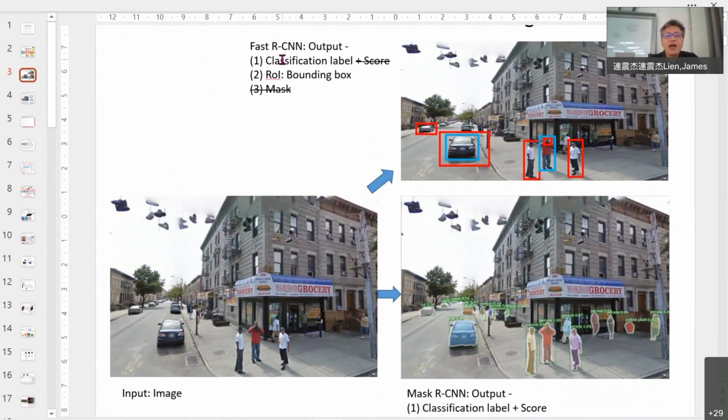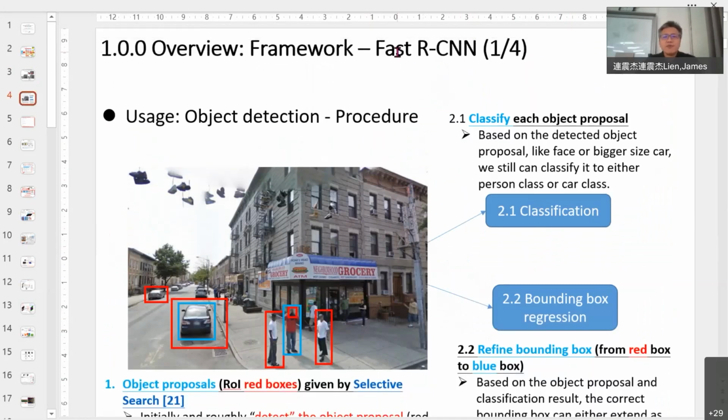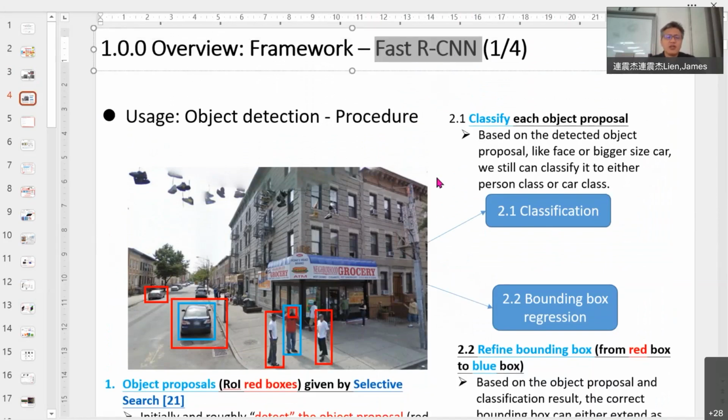Fast RCNN tries to detect the object, and Mask RCNN tries to do segmentation of the object. So we talk about Fast first. Before we talk about Faster, we talk about Fast RCNN.